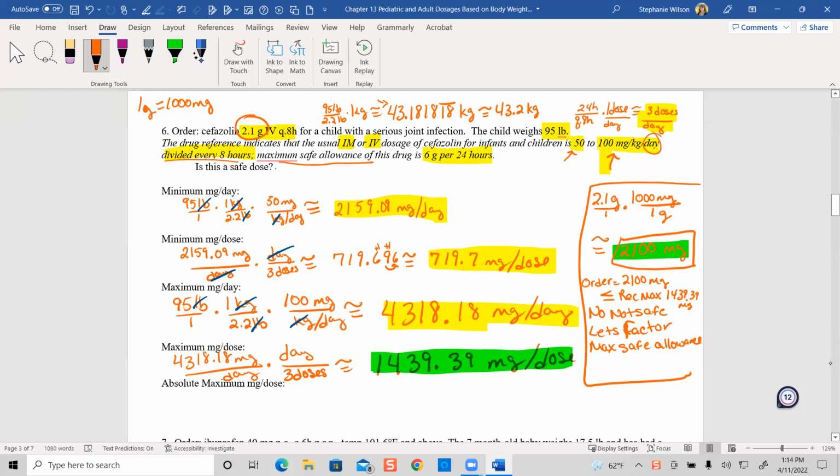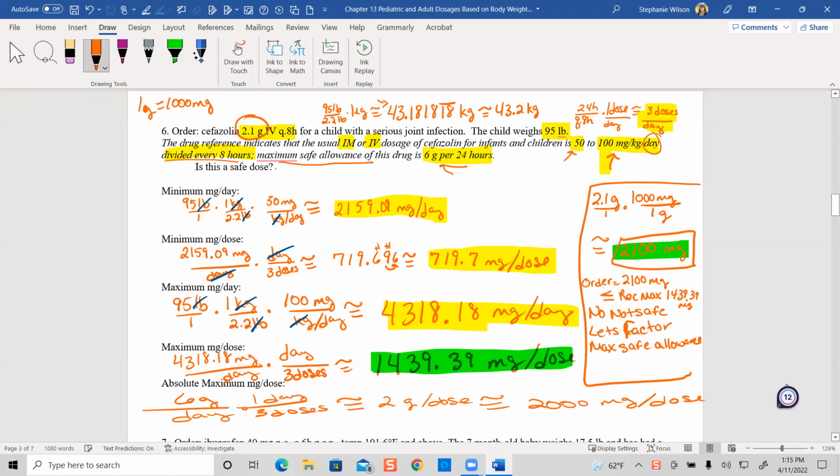Let's look at the absolute recommended. It says that 6 grams in 1 day, times that 1 day, 3 doses, which gives me 2 grams, which is also 2,000 milligrams per dose.